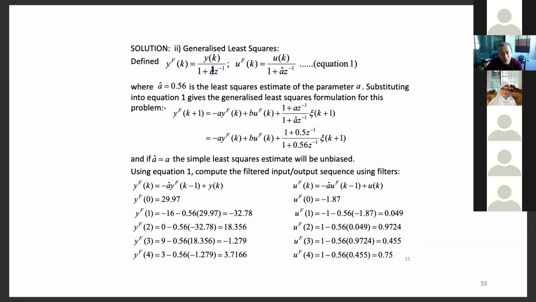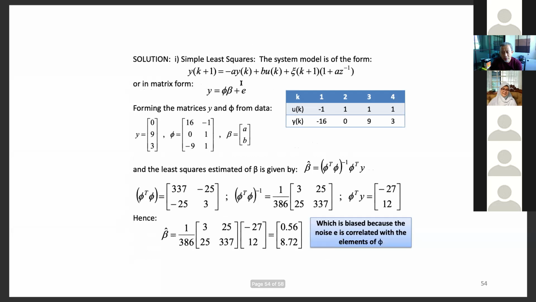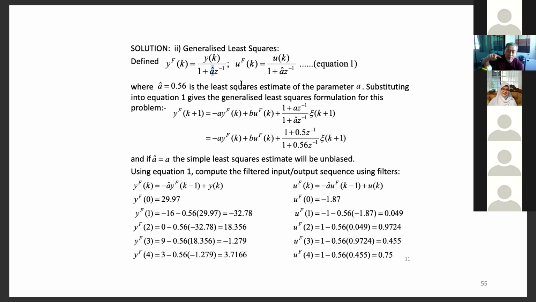This a estimate comes from the value previously obtained in part 1, 0.56. Then uf k, the filtering part of the input, is uk divided by 1 plus a estimate z minus 1.